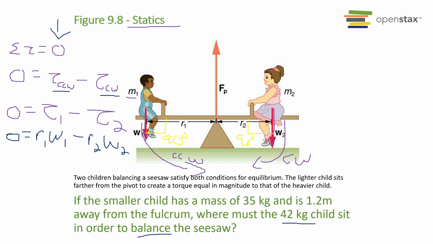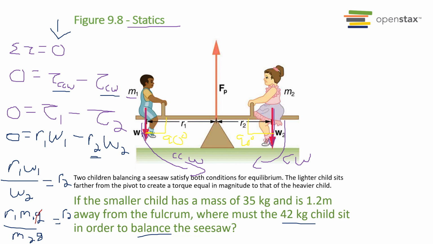All right. We want to know where kid 2 sits, so we're going to solve algebraically for the distance of child 2, which turns it into distance 1, weight 1 over weight 2 equals distance 2. Now weight is mass times gravity, so you end up with R1 mass 1 gravity over mass 2 gravity equals distance 2.